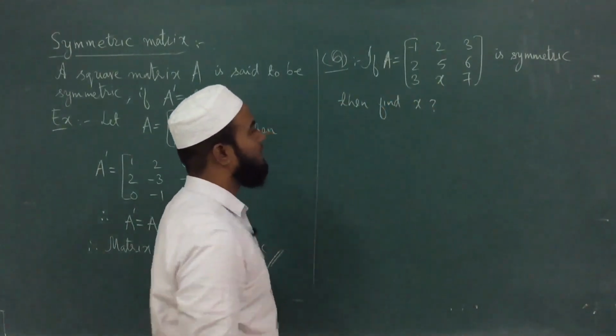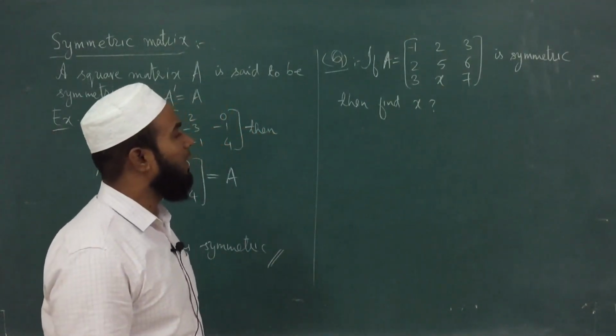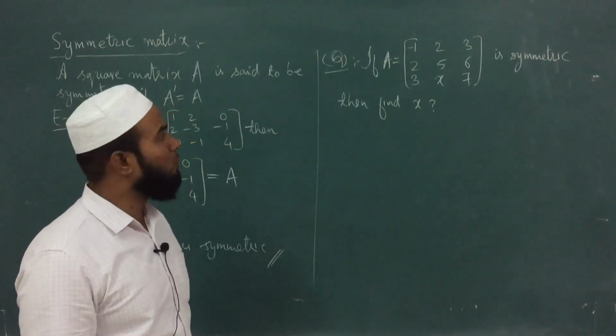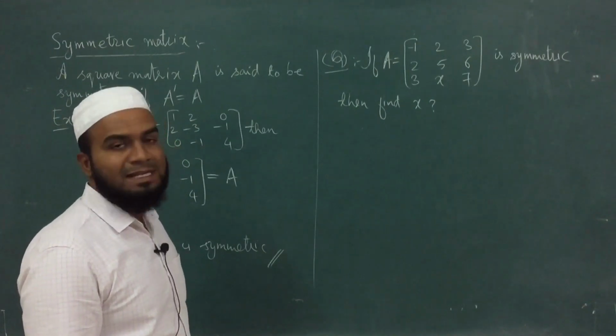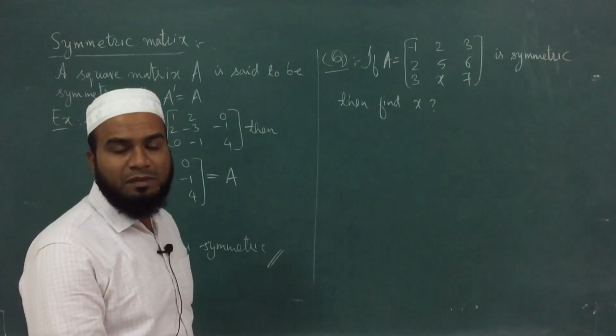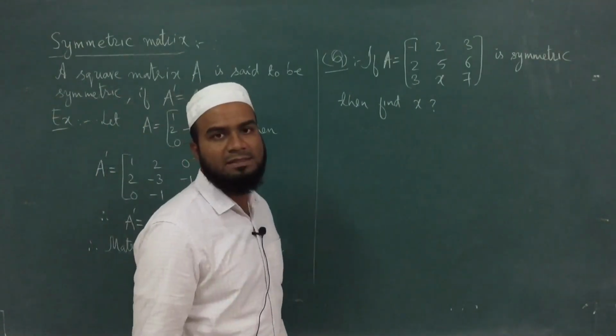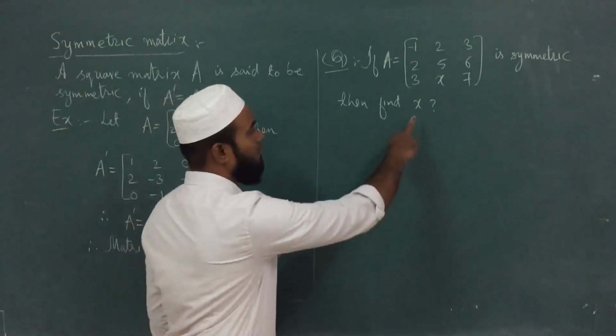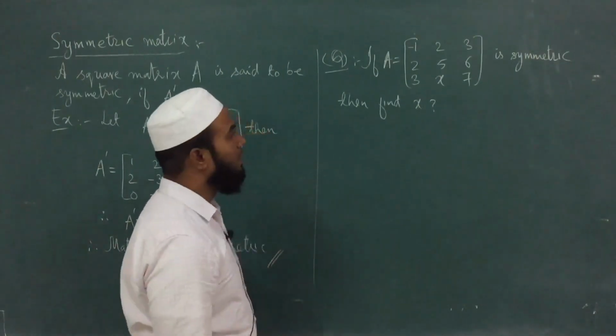What is the question? One matrix is given, and it is also given that this matrix is symmetric. We have to find the value of x, right?